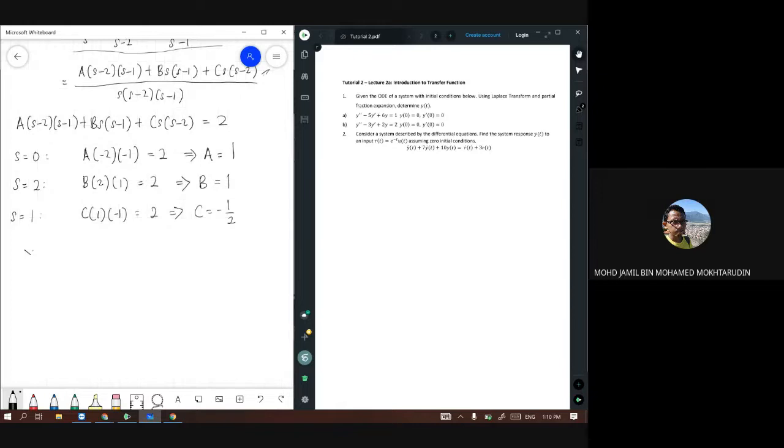So you get Y(s) equals 1 over s plus 1 over s minus 2 plus negative 2 over s minus 1. Okay, so you need to find y(t), use inverse Laplace transform. So 1 over s, you get 1, plus 1 over s minus 2, you get e power of 2t, minus 2e^t. Okay, so this is the final answer.